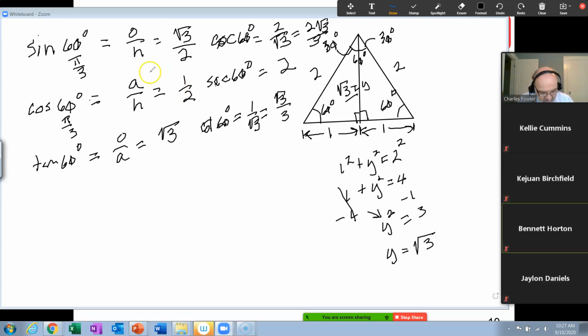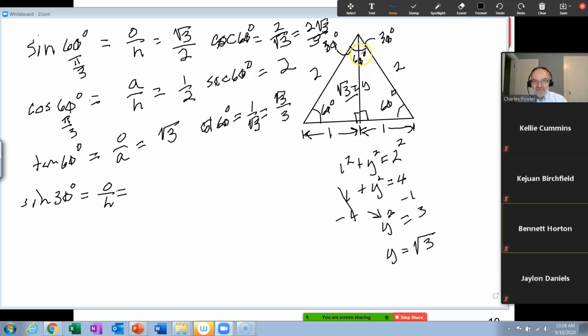They also ask, what is the value of sine of 30 degrees? So since we're here, let's do that. Sine of 30 degrees. Well, again, sine is opposite over hypotenuse. Now for the 30-degree angle, that's this one up here.